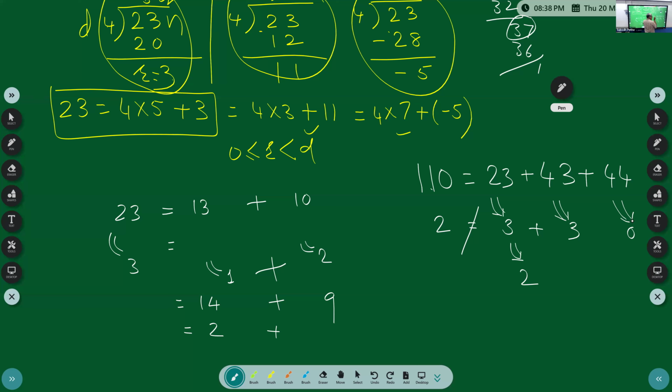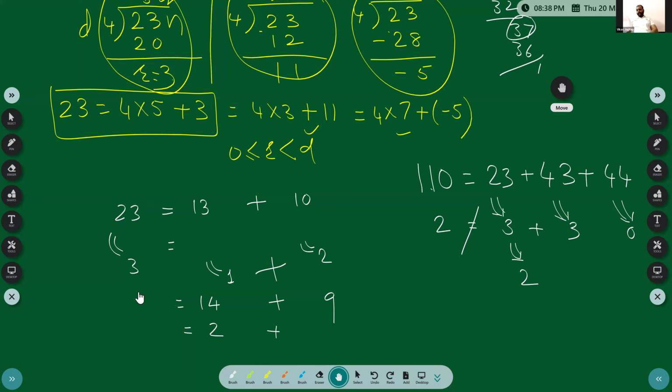Equality means it is the same number. Here we are calling it 110 and here we are calling it 23 plus 43 plus 44. We are just saying it another way. It is the same number. Therefore, whatever remainder this number leaves when divided by 4, this number is also supposed to leave the same remainder. No matter how many ways we break it, it is going to be the same.